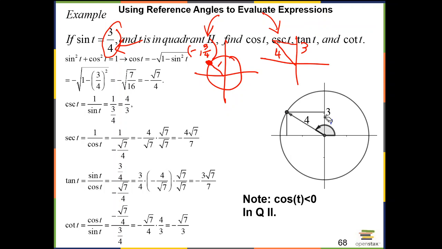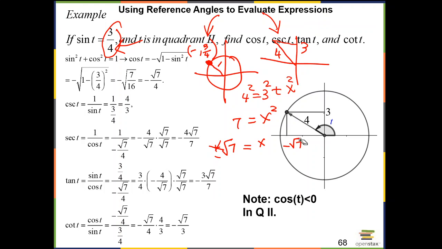So 4 squared equals 3 squared plus x squared. So x squared equals 16 minus 9, which is 7. So x is plus and minus the square root of 7. We don't want the positive because here this is negative. So that's negative square root of 7.